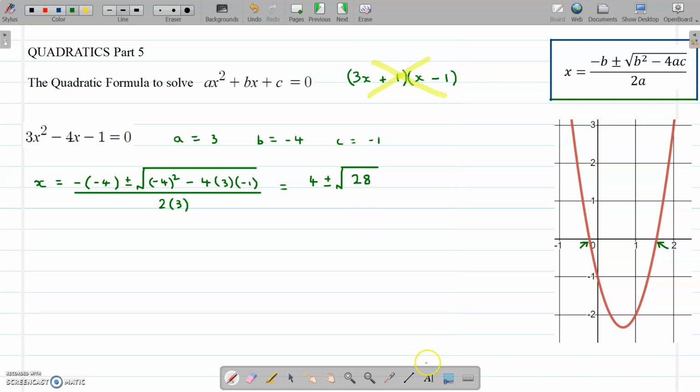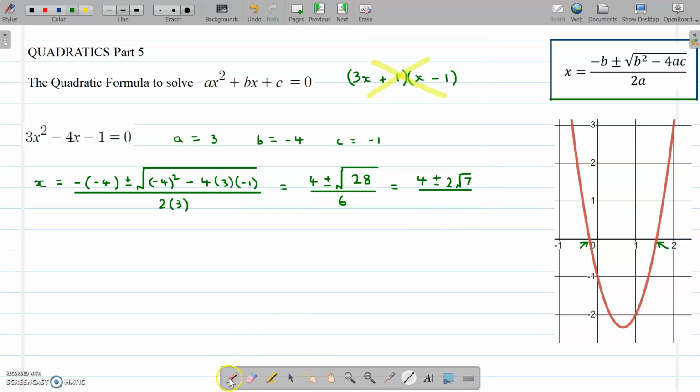And that's all divided by 6. Now you should notice that this is the same as 4 plus or minus root 28, and root 28 is root 4 times root 7, which is 2 root 7. And underneath that we've got the 6.